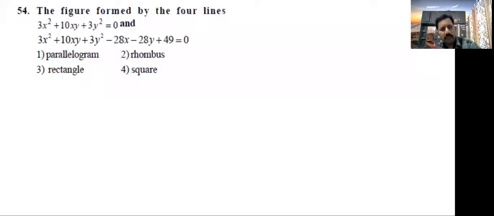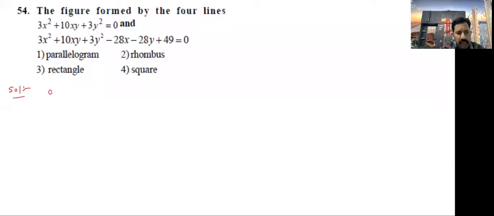In this concept, I am going to discuss the problems. First, see here the figure formed by the four lines, two pair of lines given. Identify those values a, b, h.